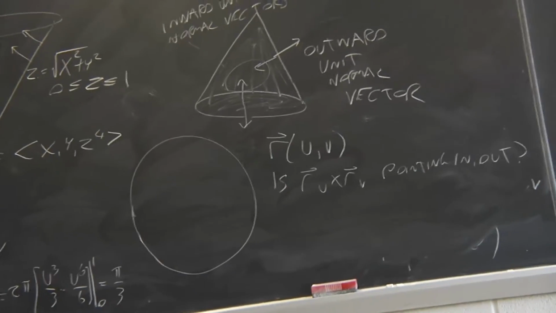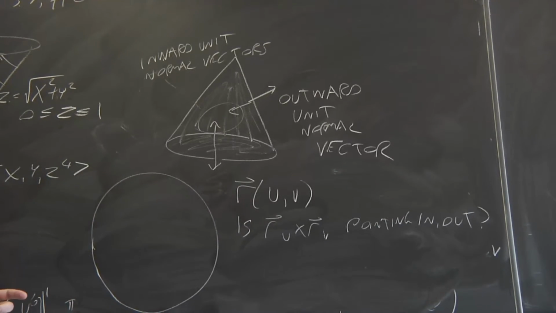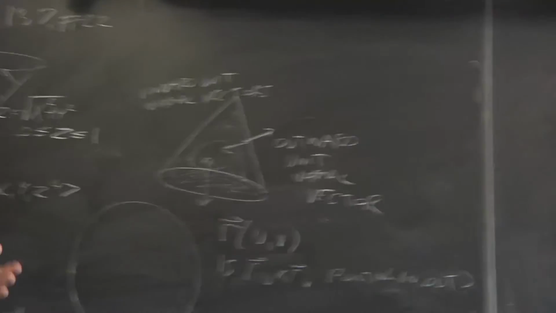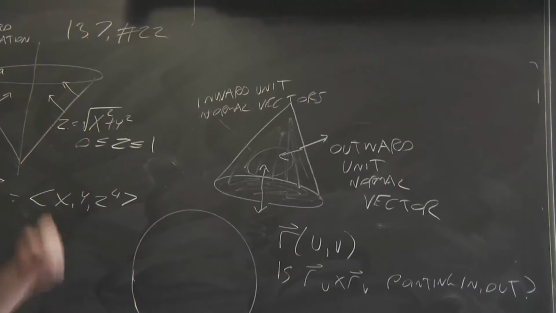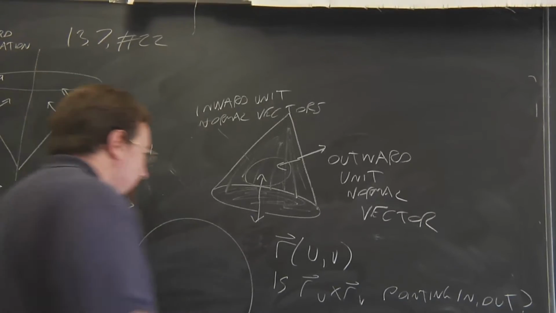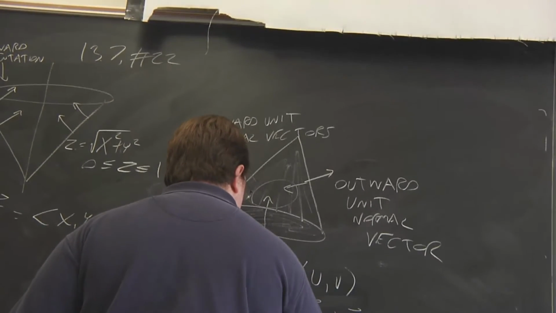It all depends on what parameterization you choose. Different choices could lead to different outcomes, outward or inward. So let's choose a standard parameterization for a sphere. We'll stick with the unit sphere.